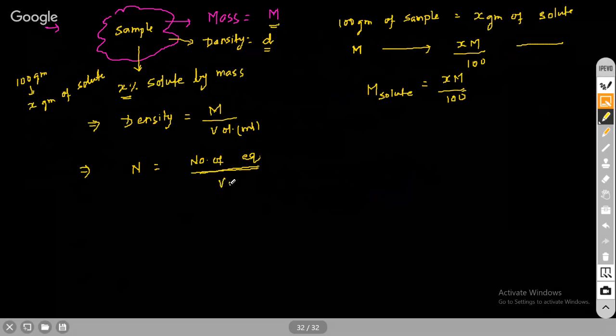Volume is given in ml, so we write 1000 here. Number of equivalents is mass divided by equivalent mass, as we discussed last class, into 1000 divided by volume in ml.